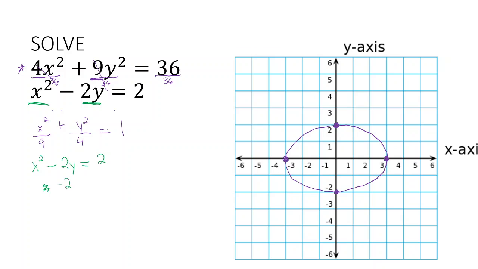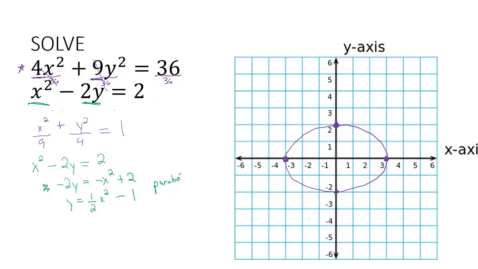I'm going to say negative 2y equals negative x squared plus 2. Then y equals 1/2 x squared minus 1, because a negative divided by a negative is a positive.